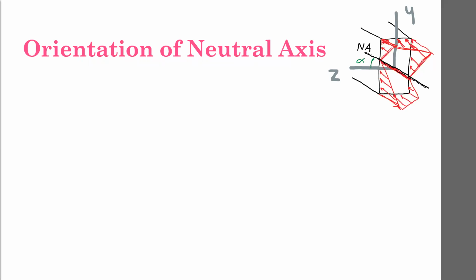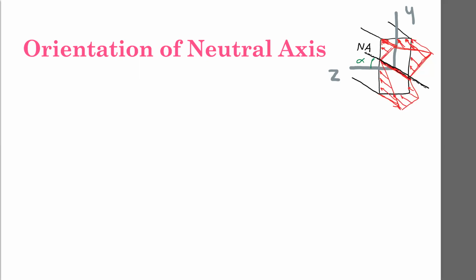So if we measure the angle between the neutral axis and the z-axis, that angle is alpha. Alpha is not necessarily the same as theta. So the line about which the moment is occurring is not necessarily the same line where the neutral axis occurs. There's a special case when that happens, and we'll figure that out.